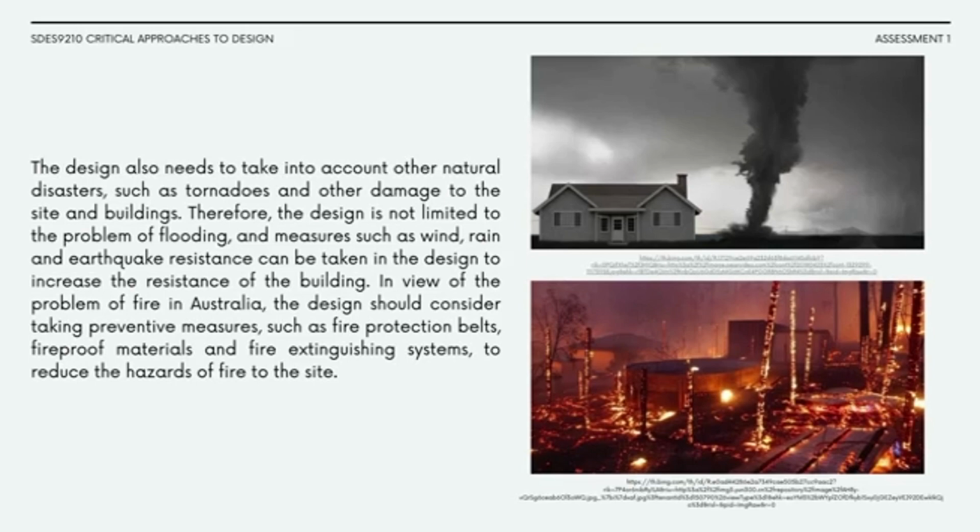In view of the problem of fire in Australia, the design should consider preventive measures such as fire protection belts, fireproof materials, and fire extinguishing systems to reduce the hazards of fire to the site.